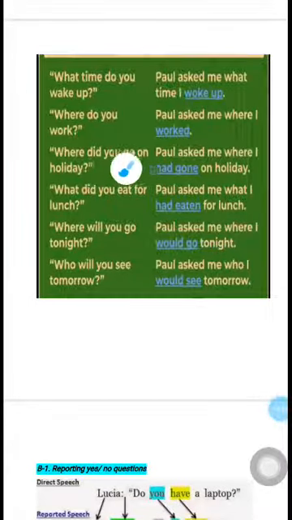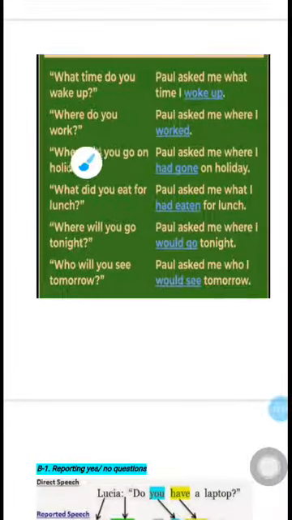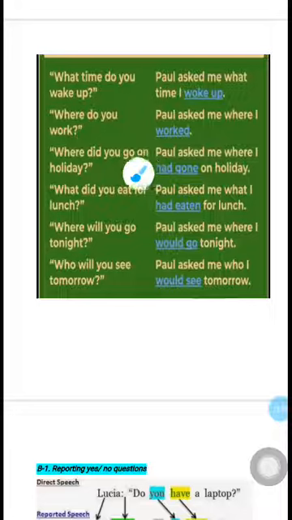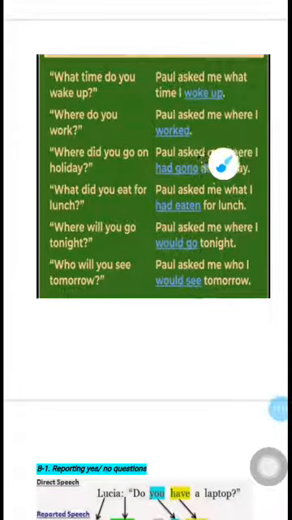Where did you go on holidays? Look at this, sentence number 3. Where did you go on holiday? This is in simple past. To change it to reported speech, there is no auxiliary, so we get rid of did first, and there is no question mark.